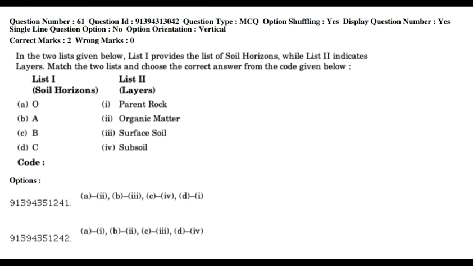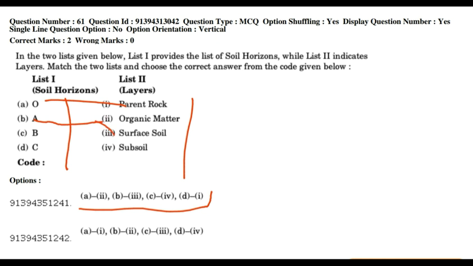Next, in the two lists given below, we have to match this list with this list. So the right answer is this one. A will be linked with first and B will be linked with third.